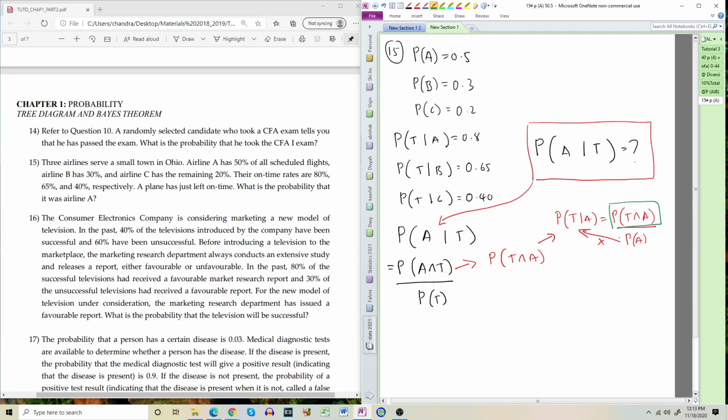Okay, so I can write here P(A and T) is actually P(A) times this one. Let me write in green color.